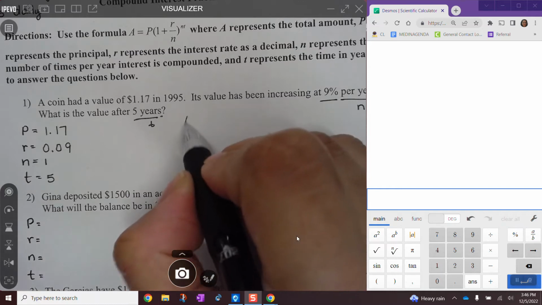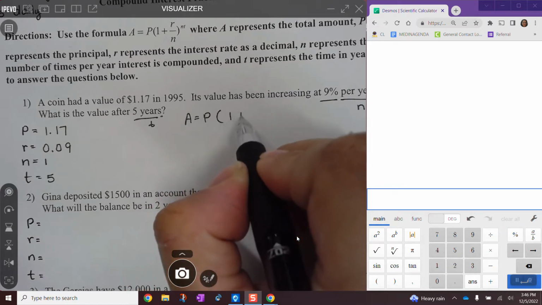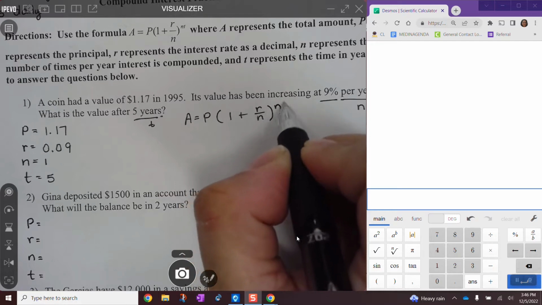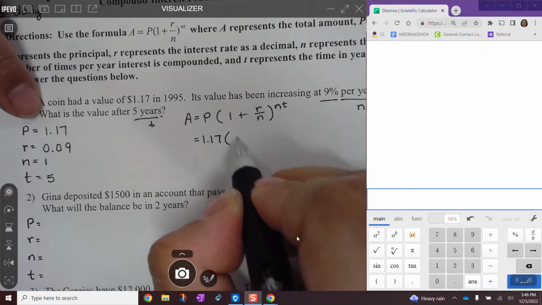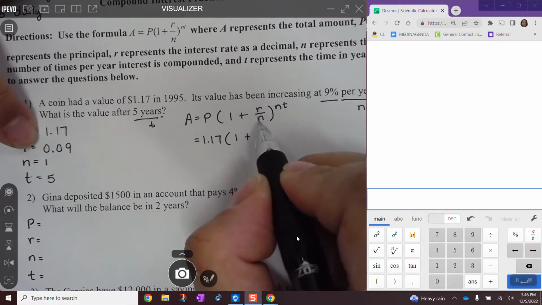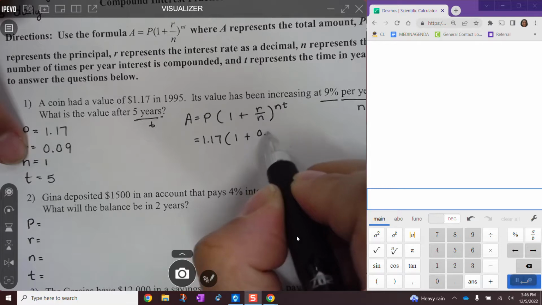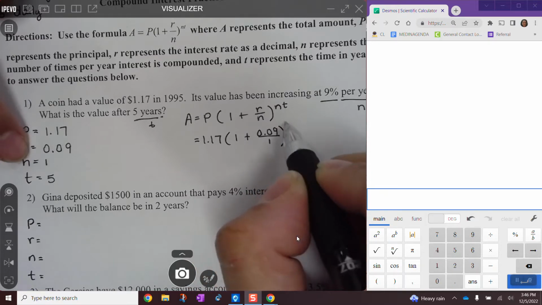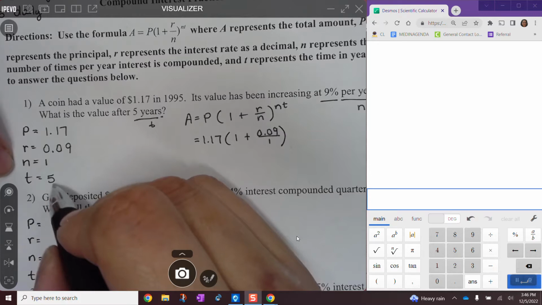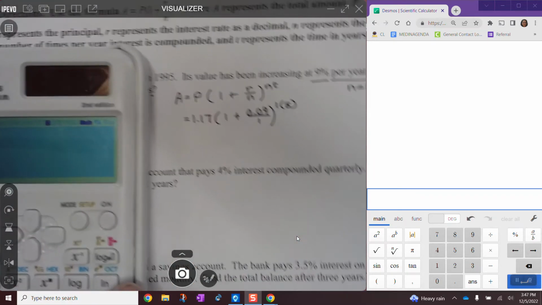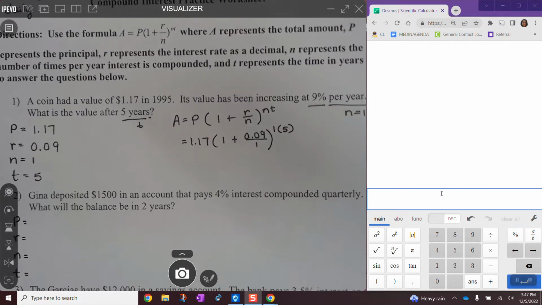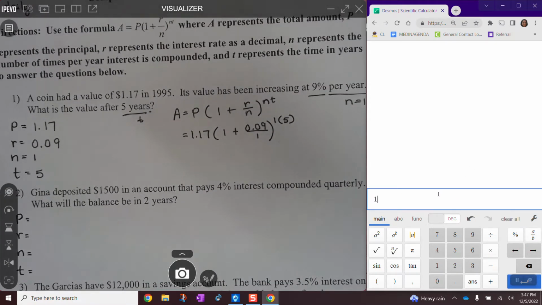And so once again, I'm going to write the formula so that you can follow along as I'm substituting in the information. P is the principal, 1.17. The rate divided by the compounding times, so 0.09 over 1, raised to N times T, so 1 times 5. So if we look here on Desmos, it is 1.17 times 1 plus.